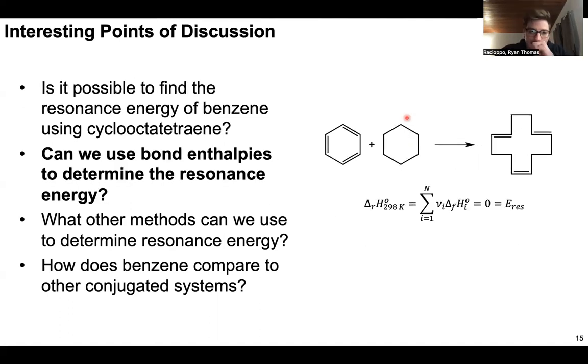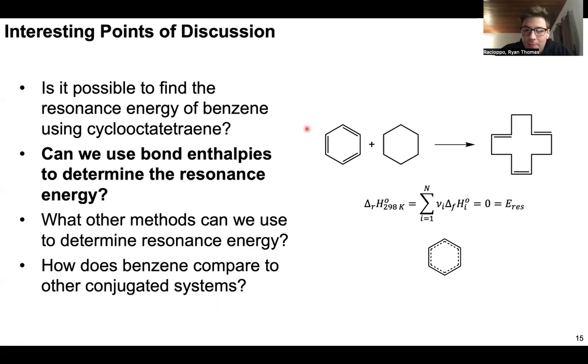Speaking of bond enthalpies, another question is can we just use bond enthalpies to determine this? And the answer is no, because this model neglects that there are resonance structures here. If we basically took the bond enthalpies of formation for all of these compounds and did our enthalpy of reaction, we would end up with 0 because we can't account for resonance structures.